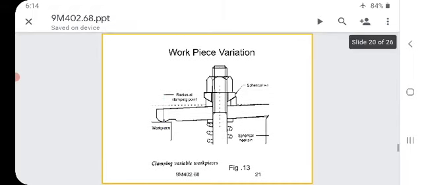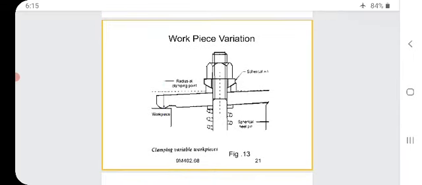So in this figure, the clamp is slightly inclined. So this is nothing but a workpiece variation, or the workpiece is kept somewhat lower on the table.